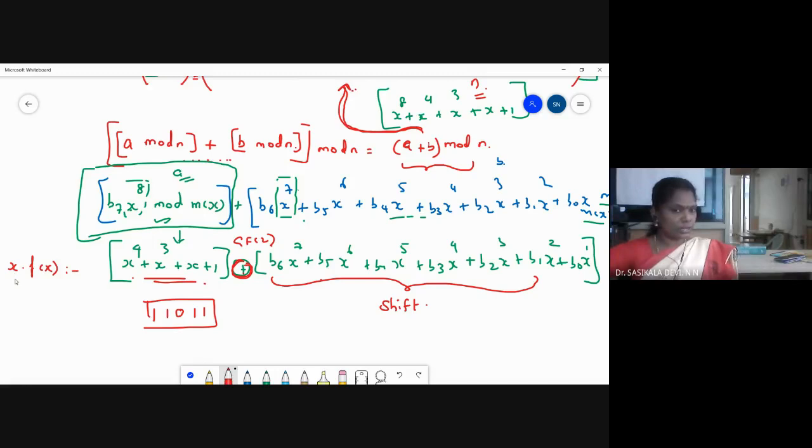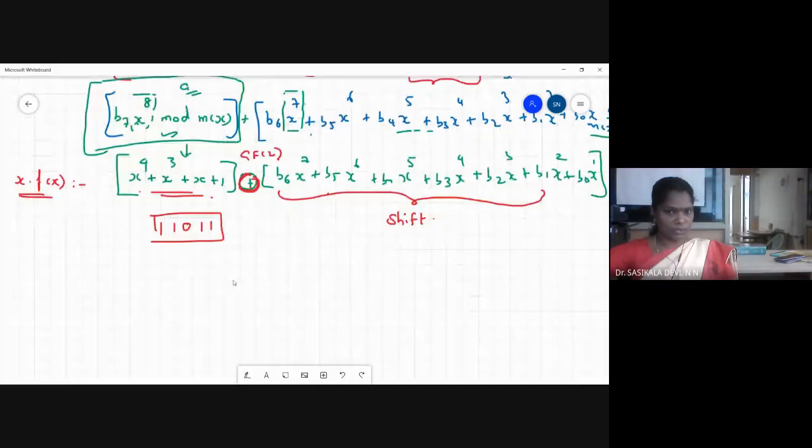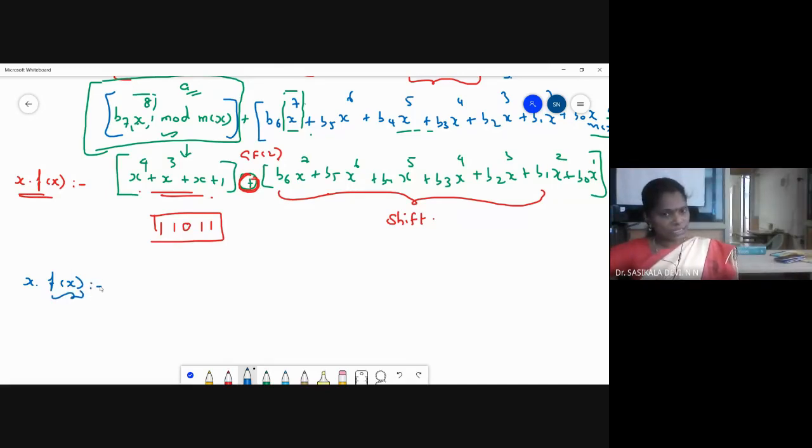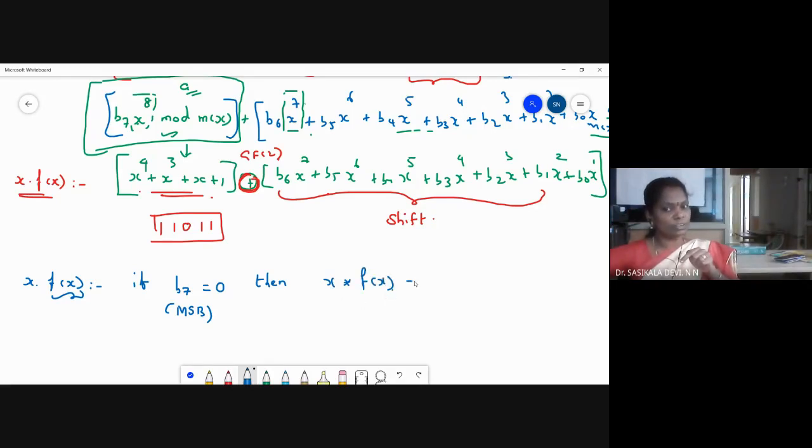So if you want to multiply x with f of x, the final conclusion here is: in this f of x, if the B7th bit, that is the most significant bit, is equal to 0, then x into f of x is nothing but a simple left shift operation.